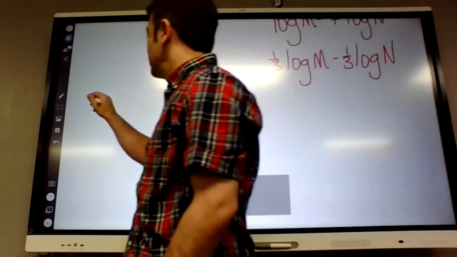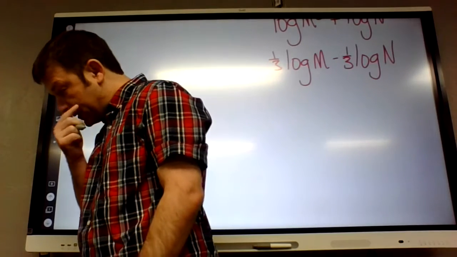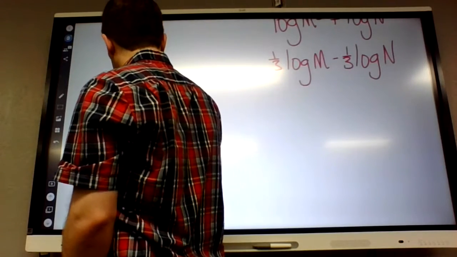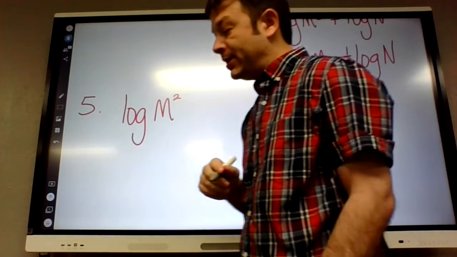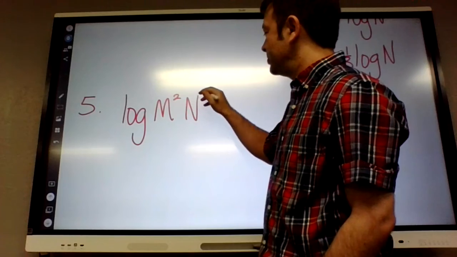Number 5. Alright, this one looks easier to me. Okay, what's another way of writing square root of n? N to the what?